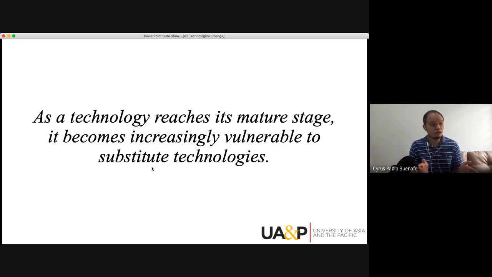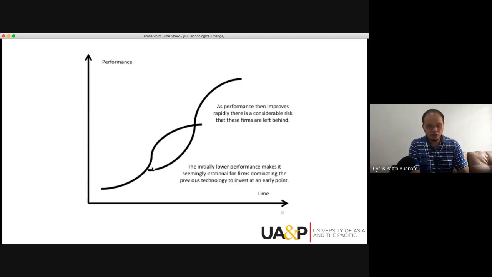You could view them as partners because at some point in time, you make a decision to move into either of those technologies, especially if they're on their way up. Okay? And this is what happens with substitute technologies.